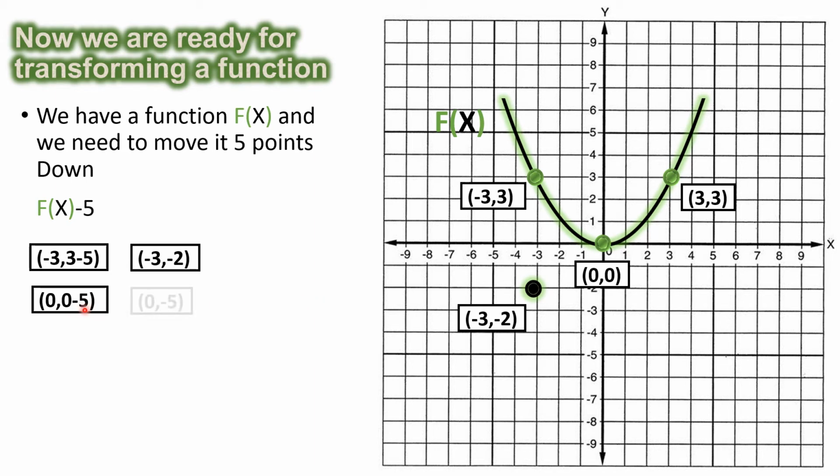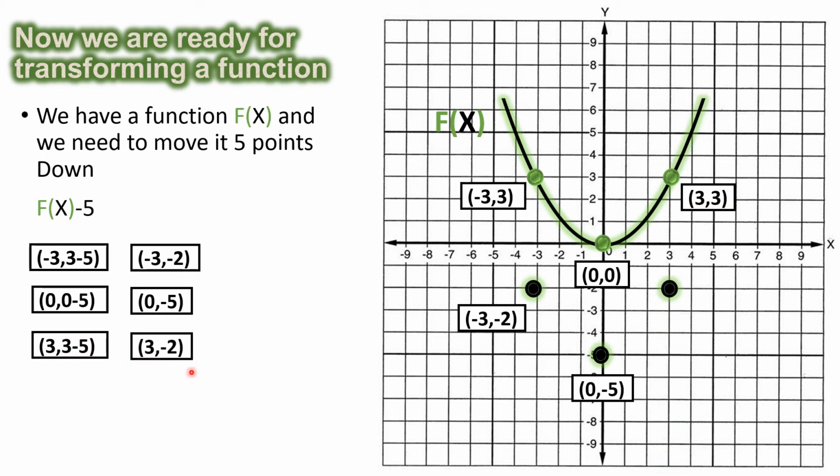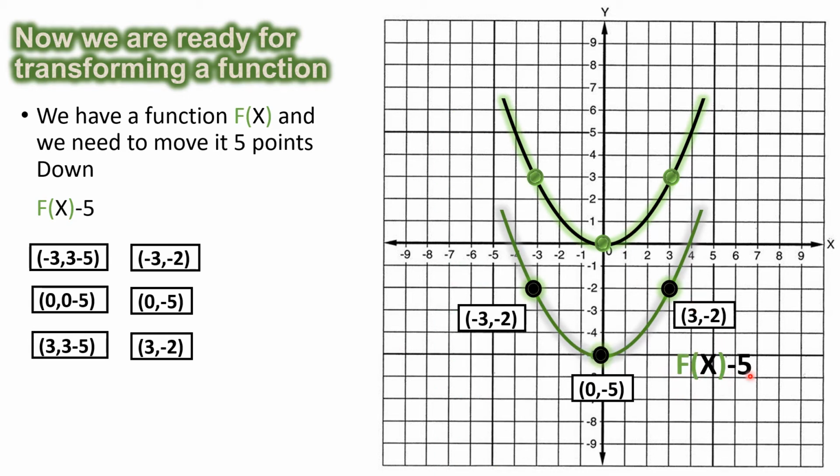We subtract 5 from the y, so it will be 0 and negative 5. The new point will be here. And for the last point 3 and 3, we subtract 5 from the y, so the new point will be here, 3 and negative 2. Okay, this is f of x minus 5. If we move this function downward.